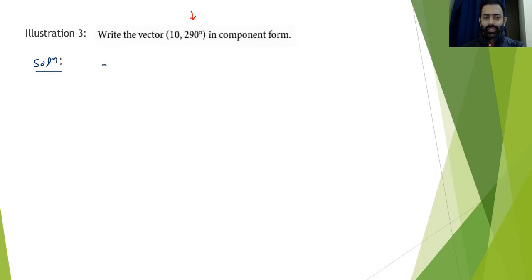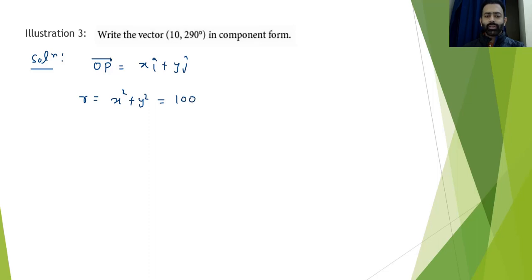Let me write it formally: let OP be a vector of the type xi plus yj cap. Vector magnitude is r, so x square plus y square is equal to 10 square, which is 100. This is my equation number 1, right?